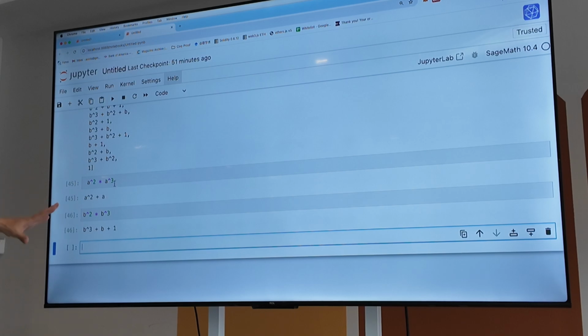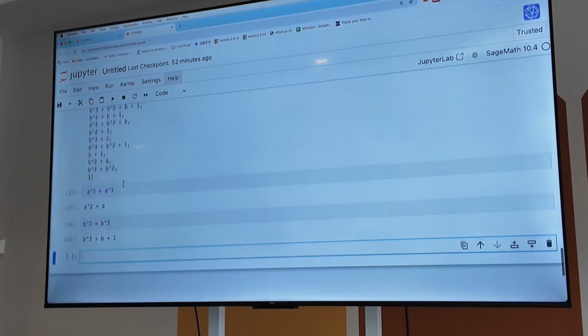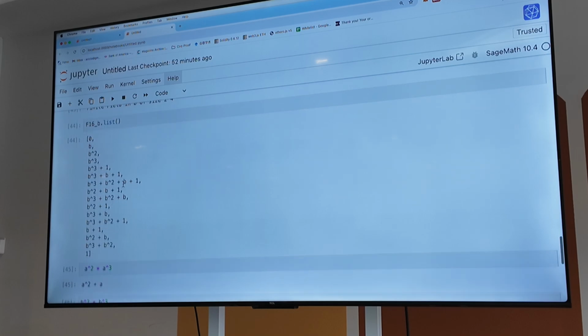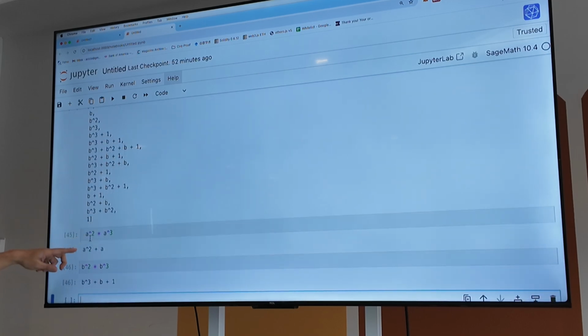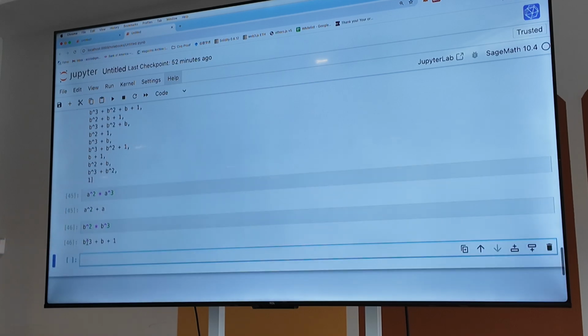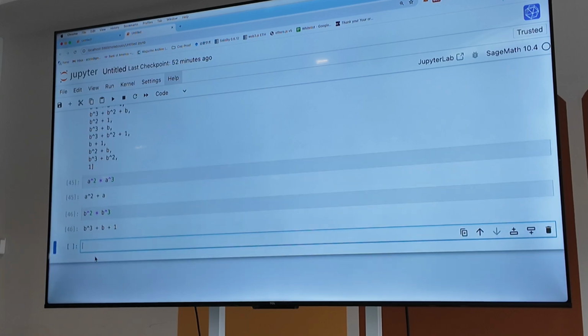But they have different multiplication rules. So what we should do: because the minimum polynomial of a is x to the 4 plus x plus 1, just find an element in F16b whose minimum polynomial is the same as a.